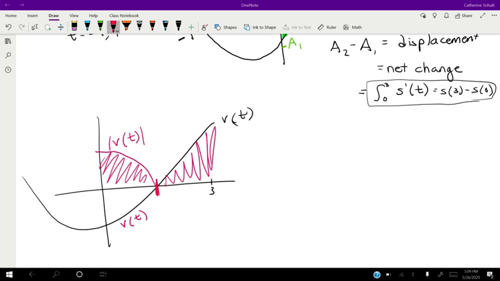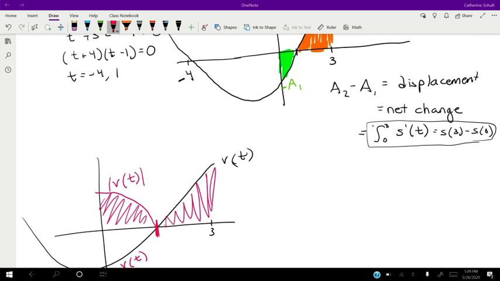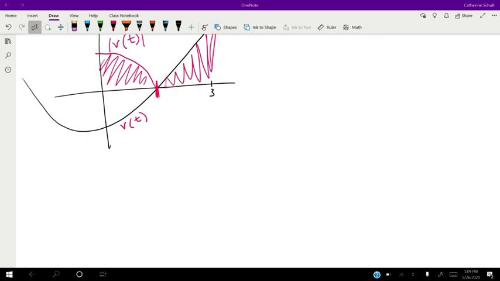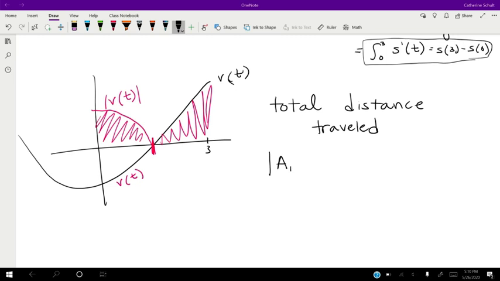So net change, displacement, we take the normal definite integral. If we want the total distance traveled, not the displacement, we have to look at the absolute value of A1 plus the absolute value of A2.